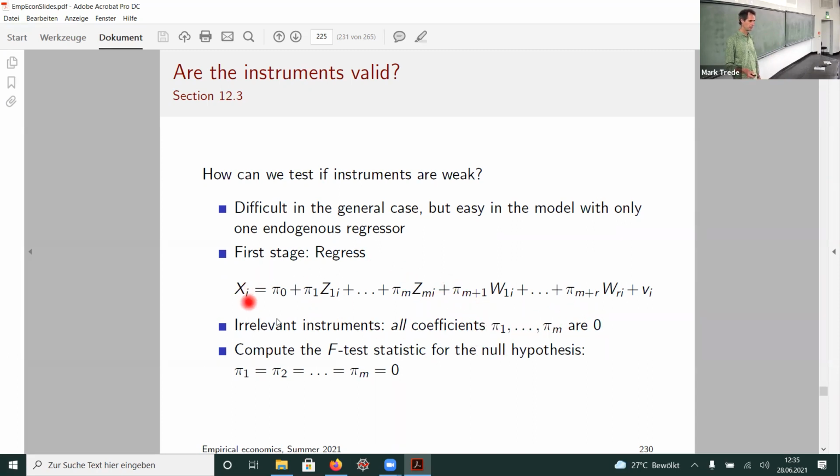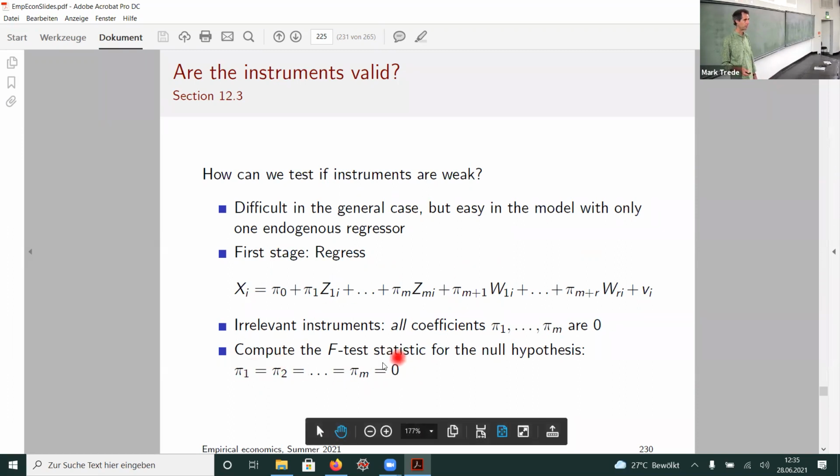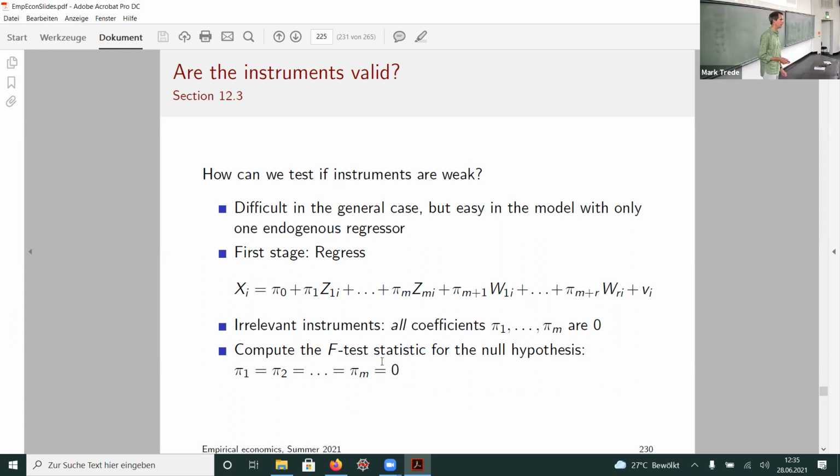And therefore, we run the first stage regression. We regress the endogenous regressor on the instruments and the exogenous variables. And we check using an F-test whether all instruments have 0 predictive power. And that's a standard F-test in a way. And we can see whether the instruments have joint predictive power or not.